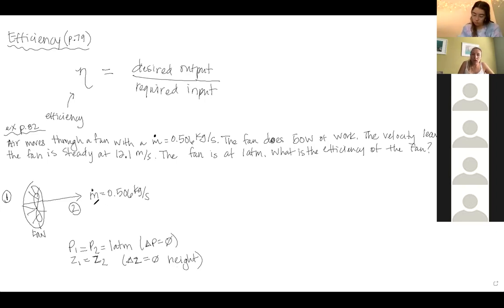I know that my velocity at point 2 is equal to 12.1 meters per second. But what is my velocity of air at point 1 on the other side of the fan? Or what can I approximate it to be?